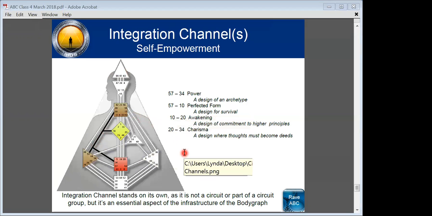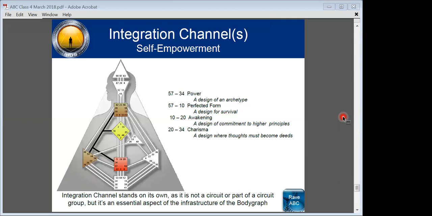It's an interesting phrase, though, because there's no thoughts here. The Ajna Center is not defined. It says a design where thoughts must become deeds. But when you actually look at different versions, different books, you're going to see it phrased slightly different.